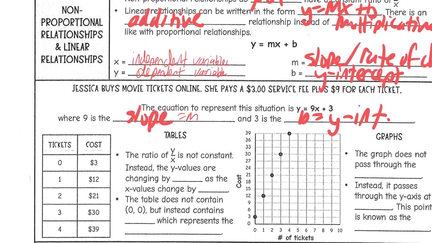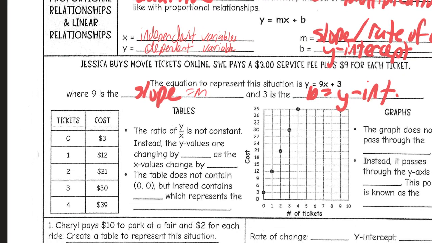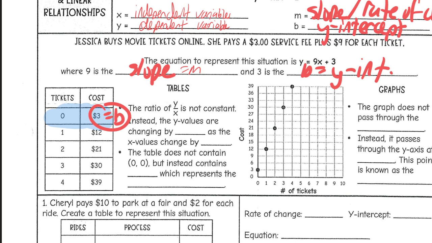Okay. So since we can clearly see our table, we can see that b is not 0. In this case, b is 3. There's b. So this is not a direct variation. This does not have a constant of proportionality.